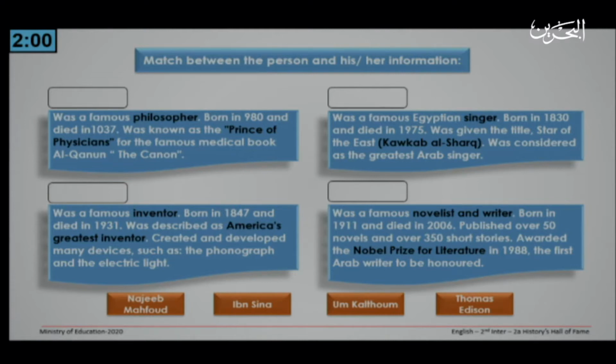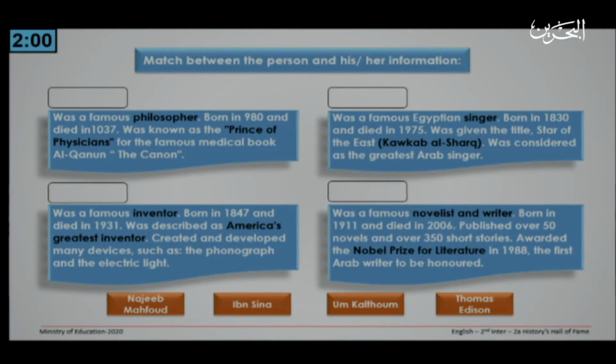The next one was a famous inventor born in 1847 and died in 1931, was described as America's greatest inventor, created and developed many devices, such as the phonograph and the electric light.